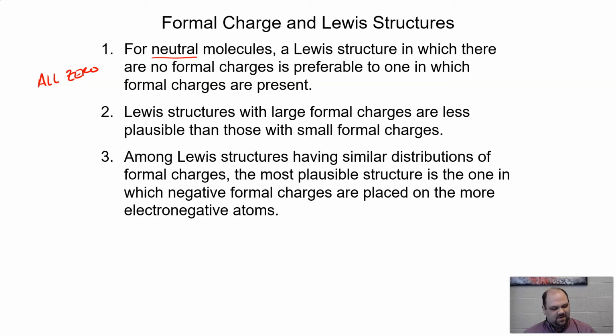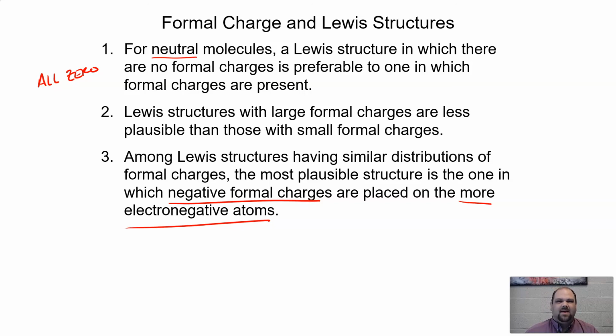And for the last one, if we have to have a formal charge in our Lewis structure, the most likely scenario is one where a negative formal charge is on a more electronegative atom and a positive formal charge is on a less electronegative atom. And so negative formal charge goes on more electronegative atoms. And that should just make sense. If we're going to have a negative charge, the atom that's electronegative is going to want to do that.